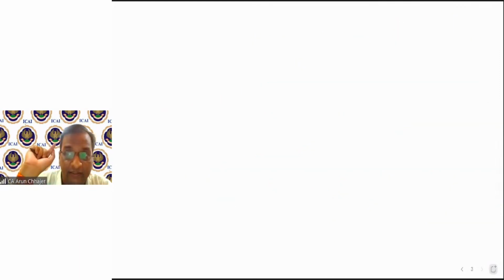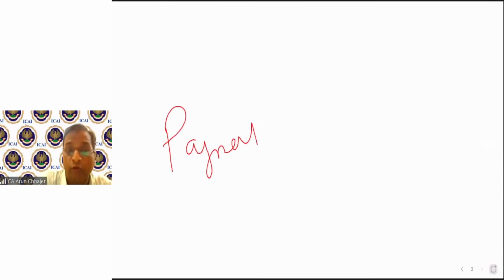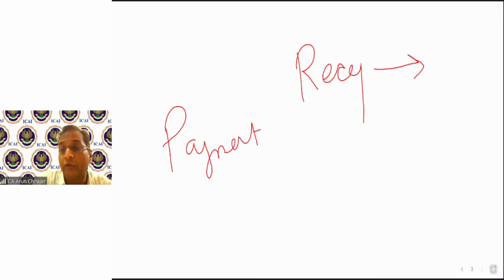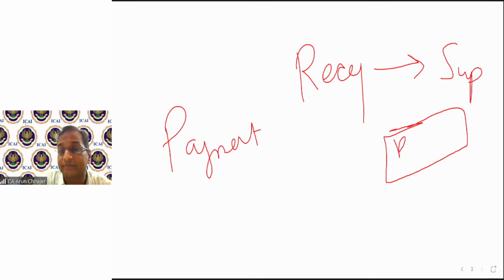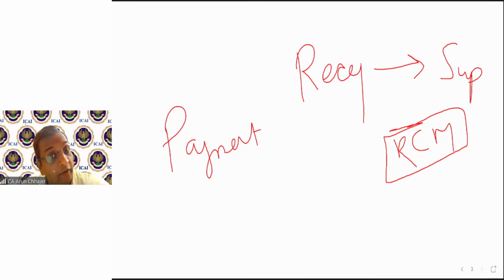Please do not get confused that the payment voucher would be issued when the recipient makes the payment to the supplier only for the RCM transaction. I know that in my books of accounts, for every payment we make a payment voucher. But in the GST, the payment voucher is something different.